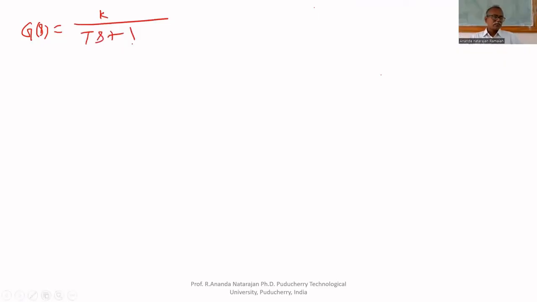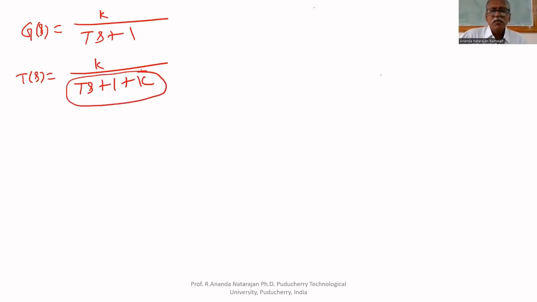This is the first order system. What is the closed loop transfer function? K upon tau S plus 1 plus K. For a closed loop system to be stable, the poles of this denominator polynomial should not be on the right-hand side. Am I correct or not?